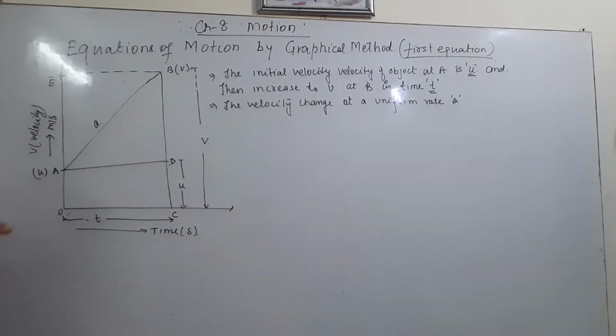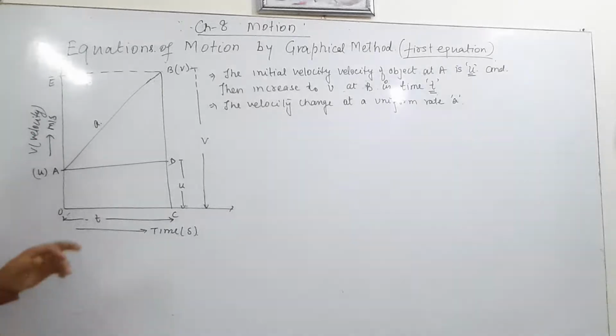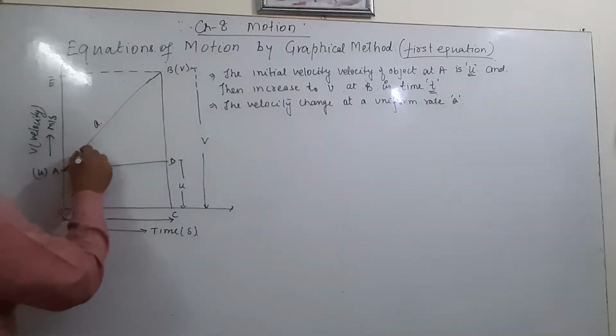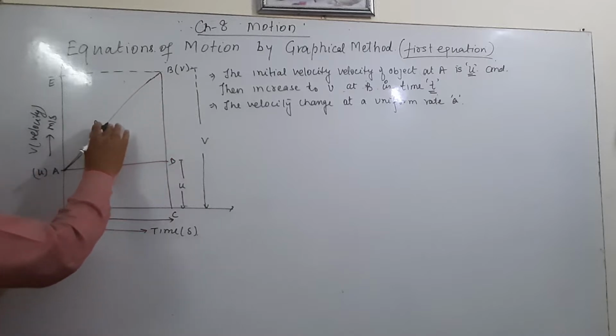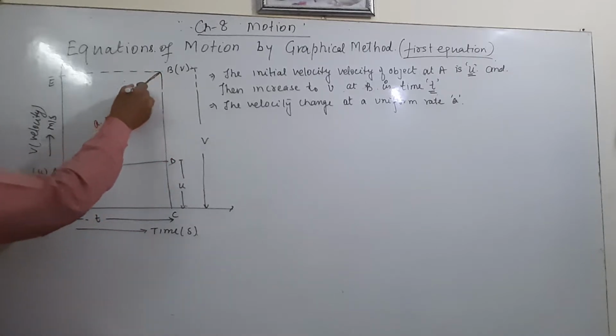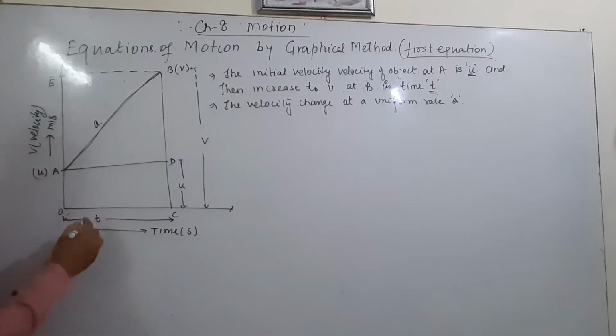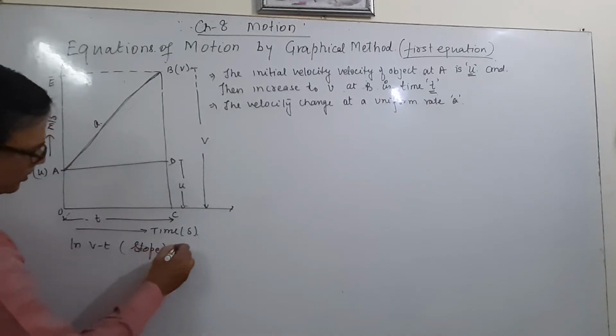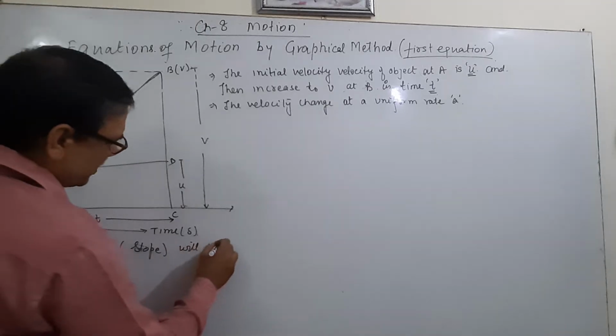This is the graph between velocity, which is taken along the y-axis, and time, which is taken along the x-axis. A velocity-time graph represents the acceleration, and a straight slope in a velocity-time graph shows uniform acceleration.